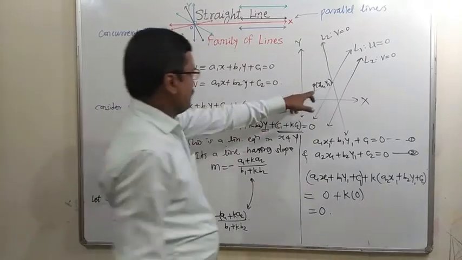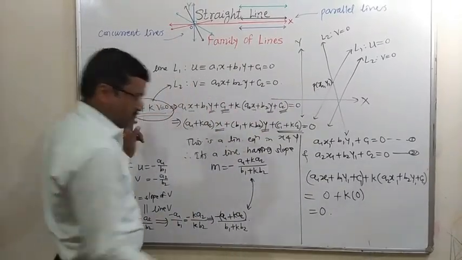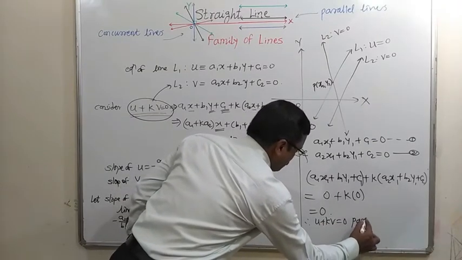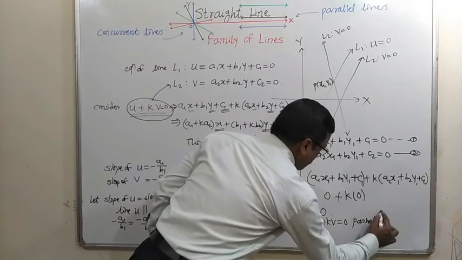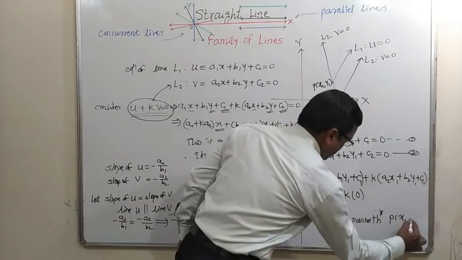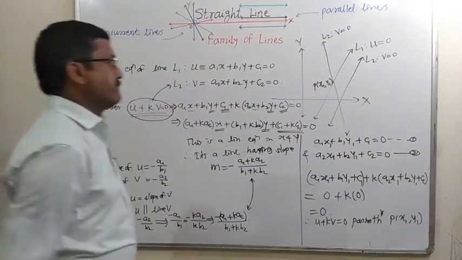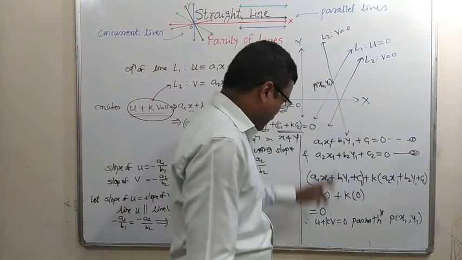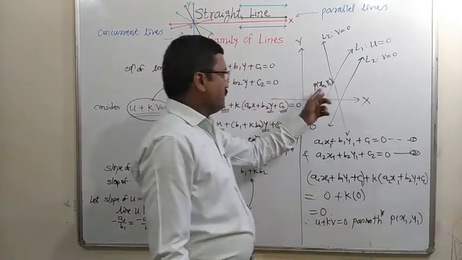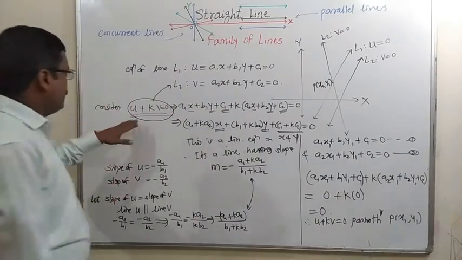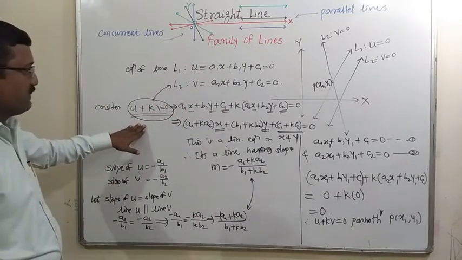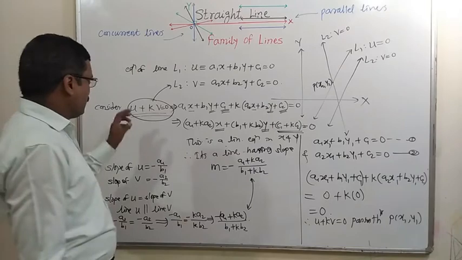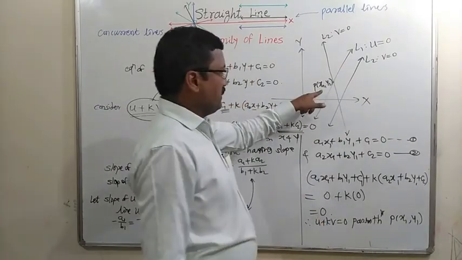So that point (x1, y1) also satisfies the equation of this line. So u plus kv equal to 0 passes through P(x1, y1). So whenever two lines L1 and L2 pass through point P(x1, y1), line u plus kv equal to 0 also passes through the same point (x1, y1). So this equation u plus kv equal to 0 gives the family of parallel lines having equal slopes, or the family of lines which pass through point (x1, y1).